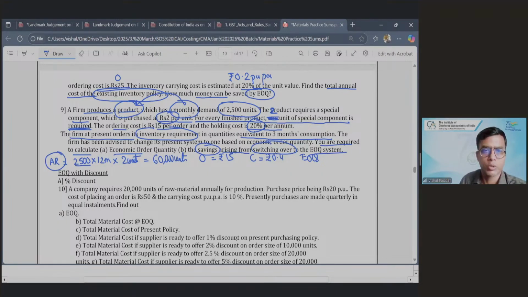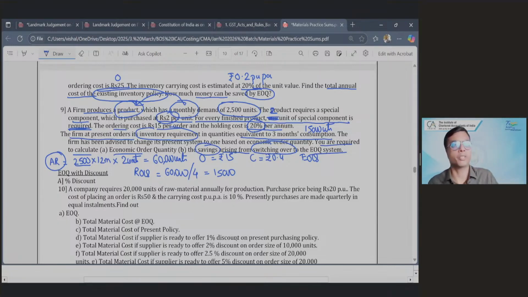Again, language. So what is their present ROQ? Their present ROQ is this 60,000, which is the annual requirement, divided by 4, not 3, because what they are buying is equal to 3 months consumption. So their present inventory policy is buying 15,000 units.